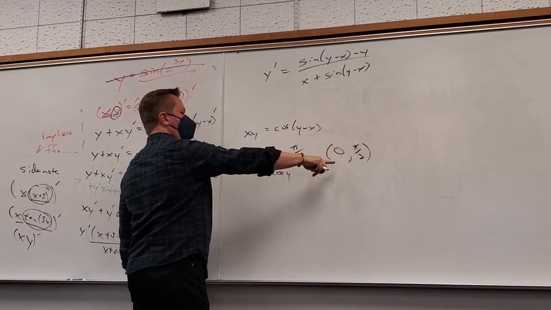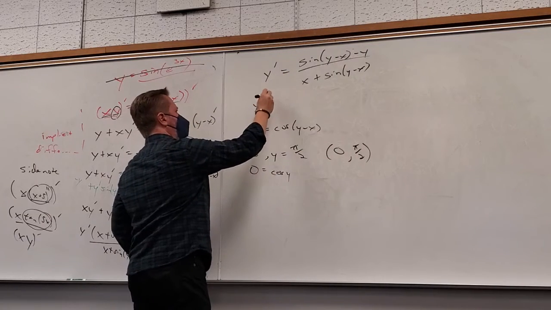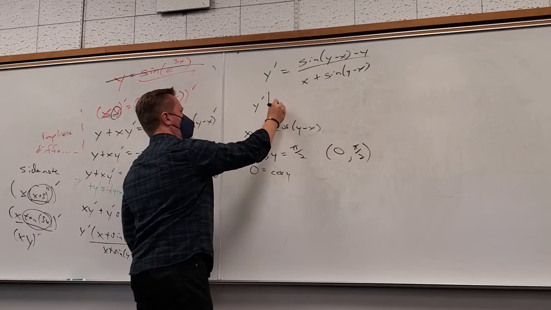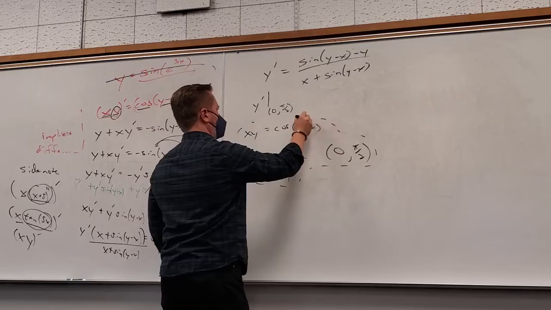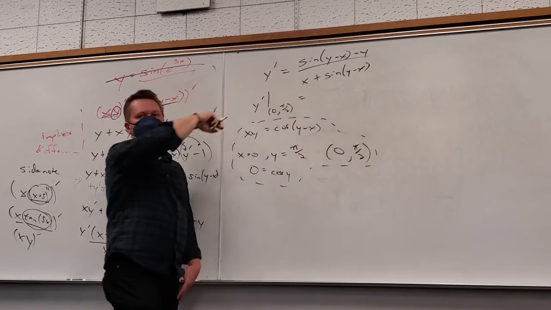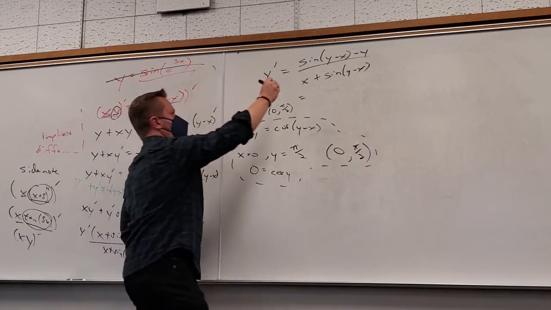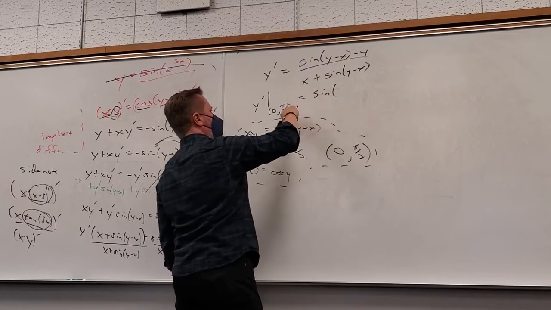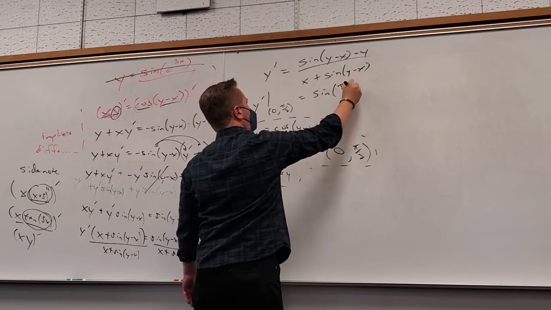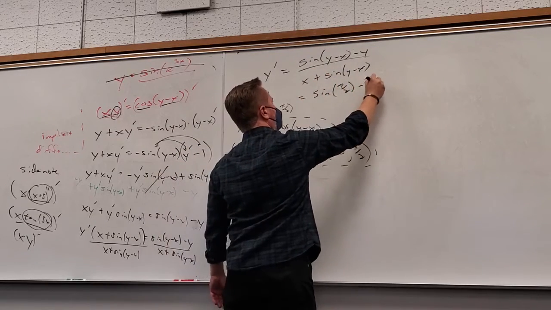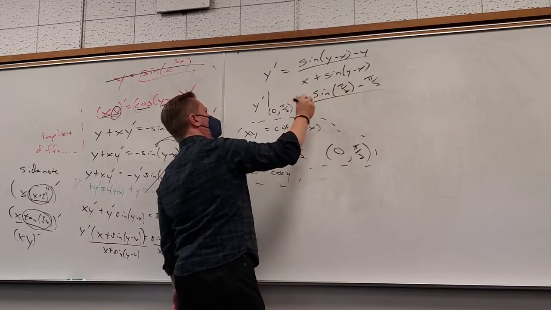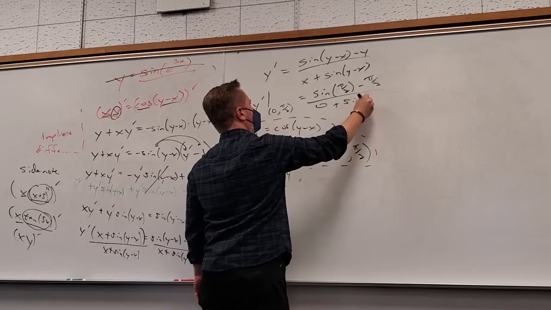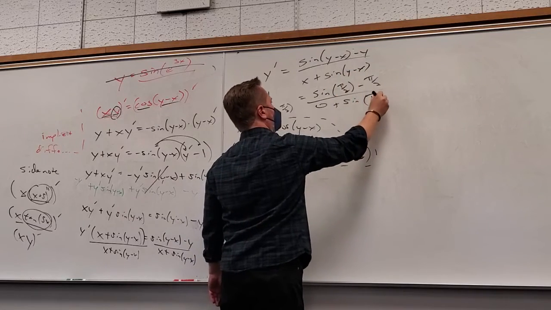So what's the slope at that point? You just plug it in. So I get sine of pi over 2 minus 0, minus pi over 2, over 0 plus sine of pi over 2.